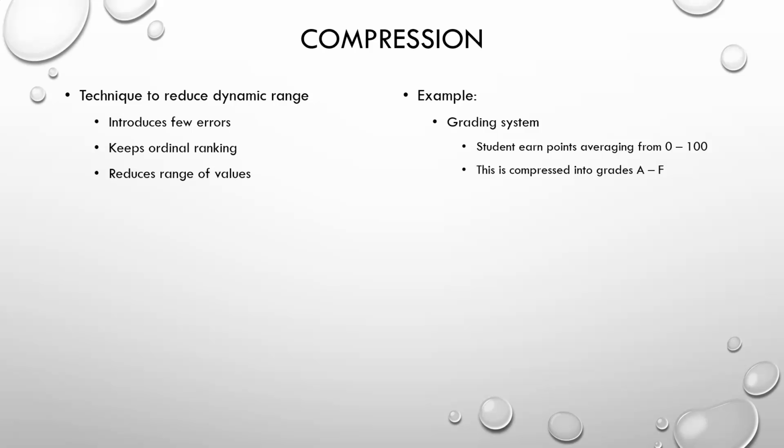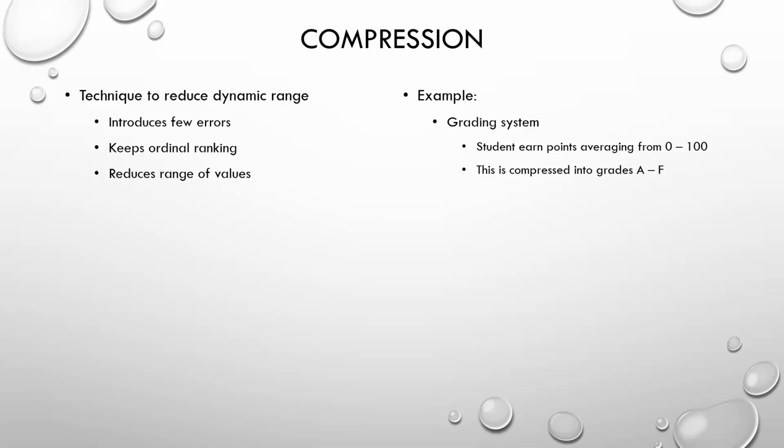So even though you may have an 89.99, that would fall into the same category as an 80.001. So you can see that there's a wide range there that gets compressed down to, in some cases, a very arbitrary number.